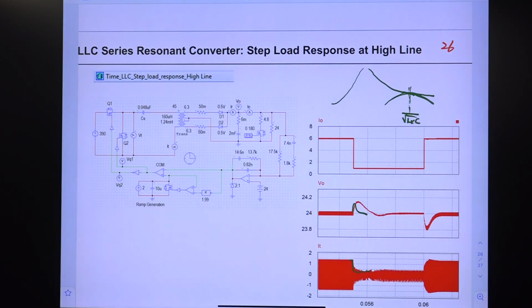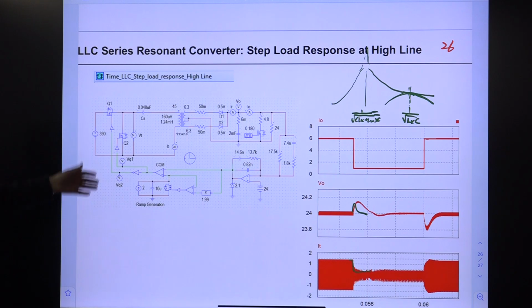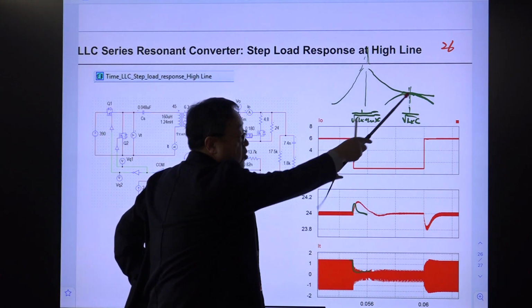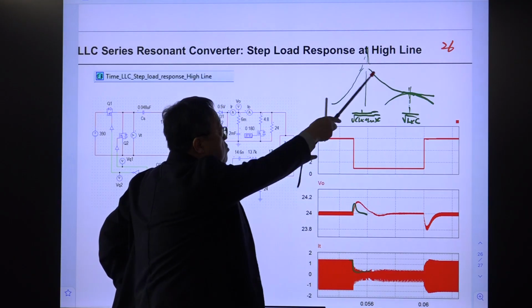There is another resonance, and this frequency comes from the combination of Lk and Lm combined with C, the resonant capacitor. So there are two resonant frequencies, so the dynamics of this are very complicated. Okay, if R is very small, this load resistance is very small, you are somewhere here. If R is large, you are somewhere here.